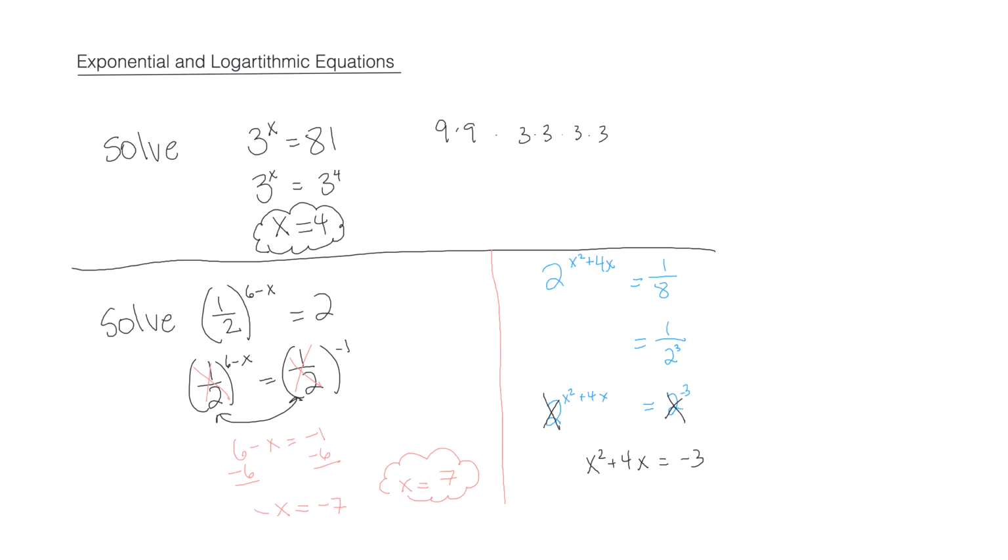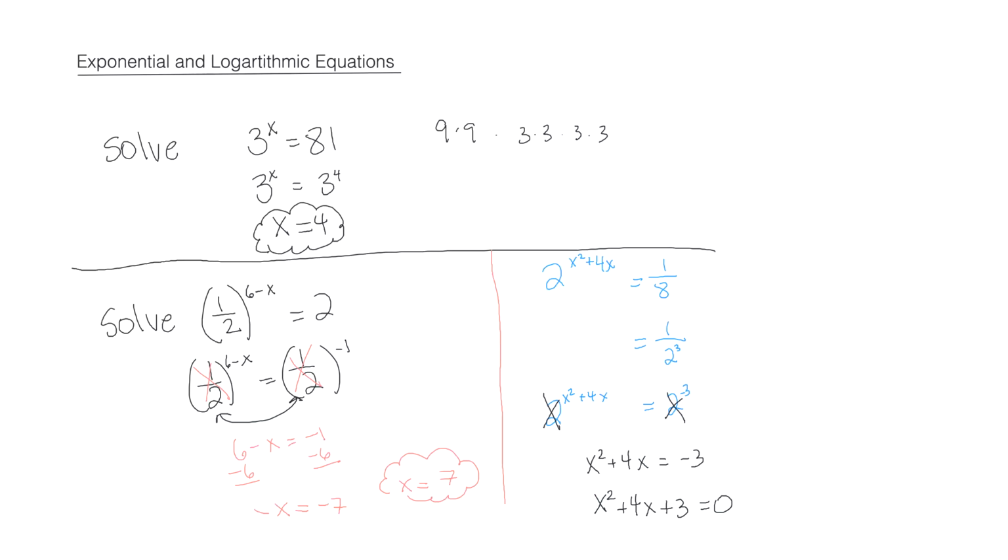Oh my goodness, this looks like stuff we have done before. How strange. So I bring my minus 3 to the other side, equals 0. I can solve by factoring, by quadratic formula, or square root method.